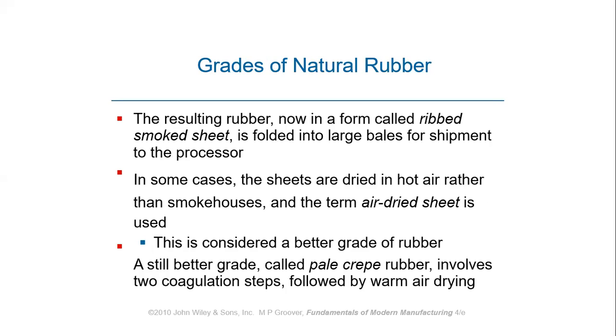And then when the coagulation occurs, that means the rubber particles come together and they form chains. That means they polymerize, and then that mixture is passed through the rollers to remove the excess water from the rubber, and then it is dried inside either the smokehouse or air dried, or two-step warm air drying and hot air drying process, and then you get the rubber sheets, and those sheets are actually the final product in the case of the natural agricultural industry, and those sheets are further processed to manufacture usable parts by rubber industries.